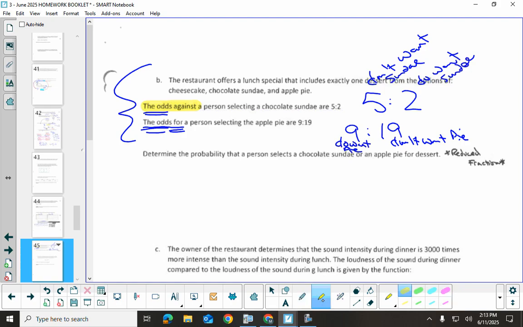Okay. The question then says, determine the probability. So the formula for probability is want over total. Now, where that total comes from is if you add these two numbers up.